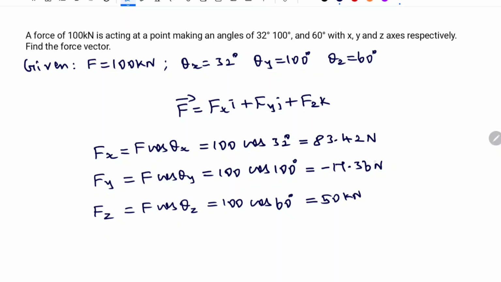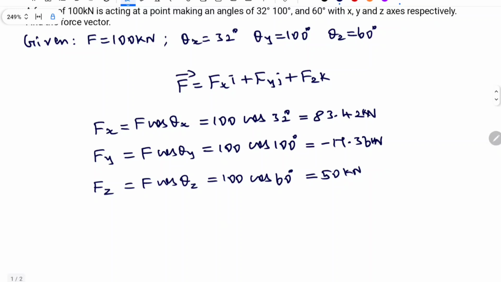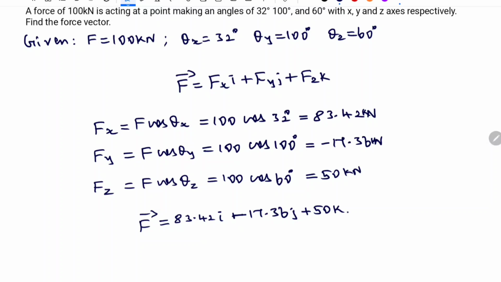Here also it is kilonewton because the force is given in kilonewton. Now to write the force vector, F vector is equal to 83.42 i minus 17.36 j plus 50 k. So this is the final force vector.